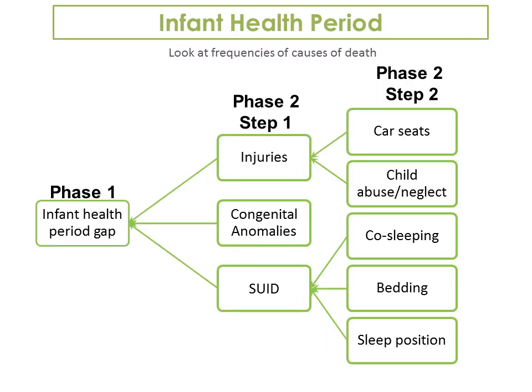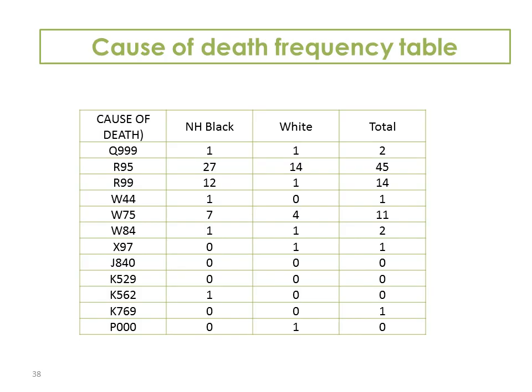And so with this, you can look at causes of death. You can see how many were due to injuries, how many due to SIDS-SUID, birth defects, and that, again, determines what your interventions are or what risk factors you'll look at. You get the causes of death from the death certificate, and what you'll get is ICD-10 codes.